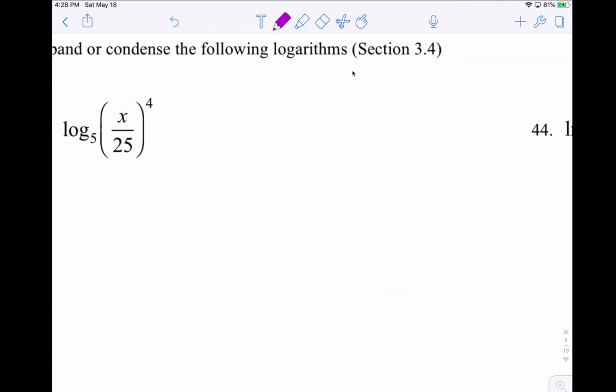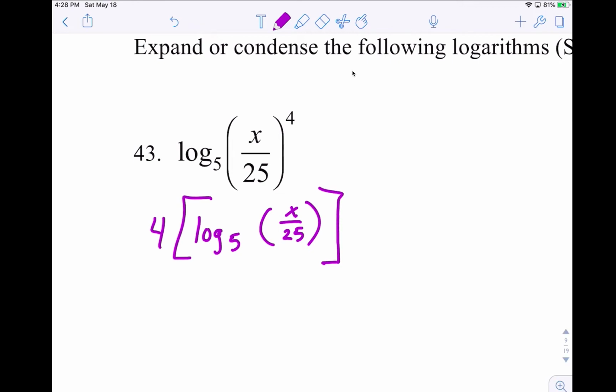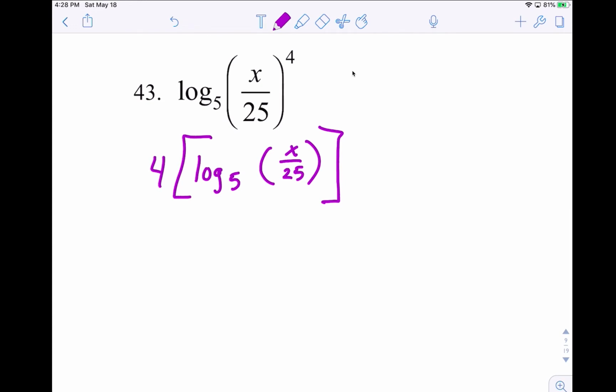Okay, so next part says expand or condense. All right, so 43 I'm going to be expanding. All right, so I see that I have an exponent, so I'm going to take that and move it out front. All right, now the 4 is multiplying the whole thing, like that. So I'm going to separate now the fraction, which I can do with division, or subtraction, excuse me.